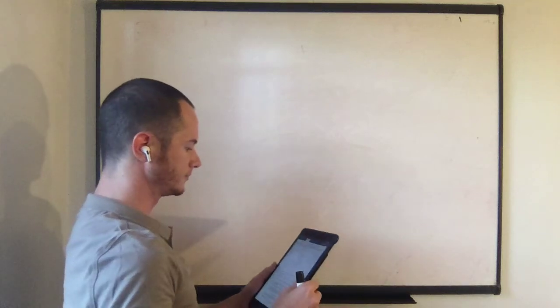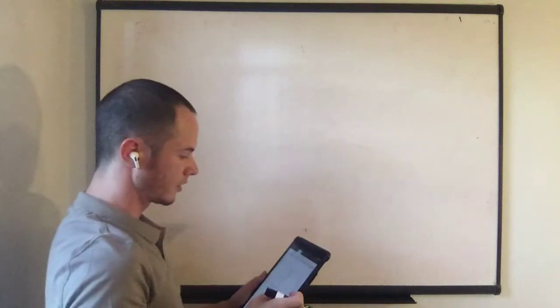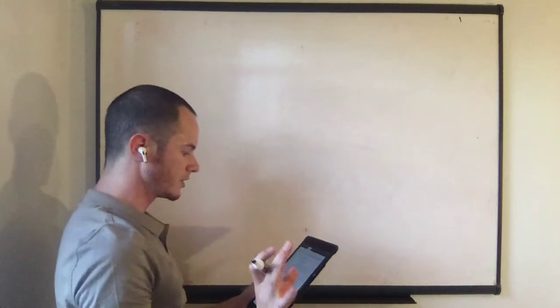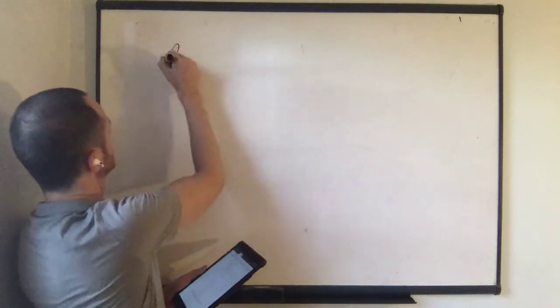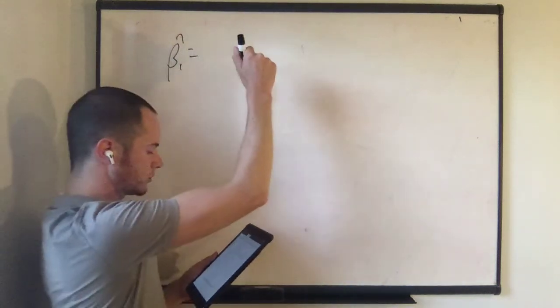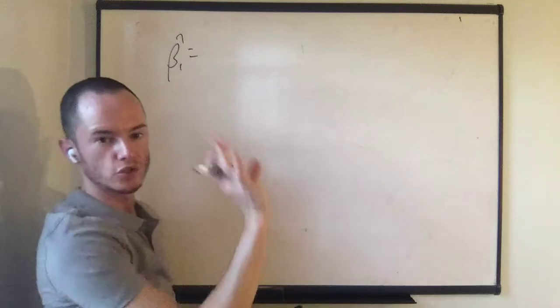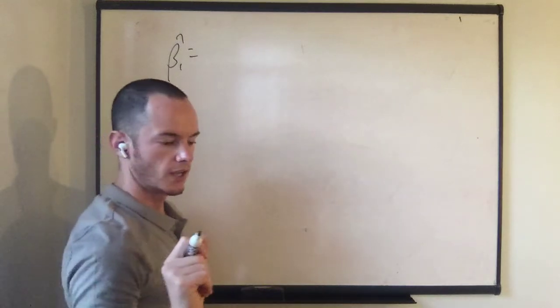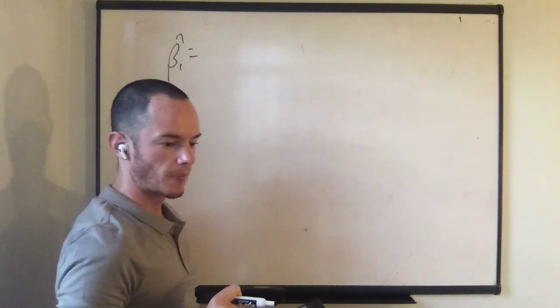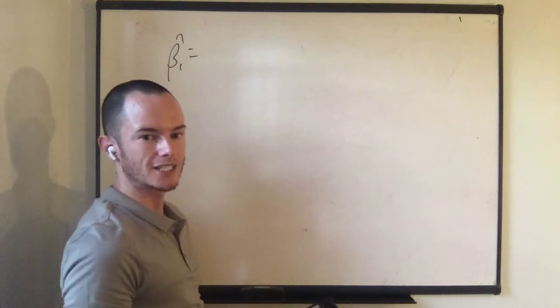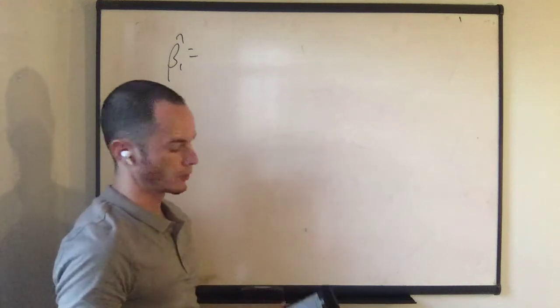What we had originally, let's write this down: beta 1 hat is equal to, we dropped that term connected to the intercept, the beta naught, because that was multiplied by 0.